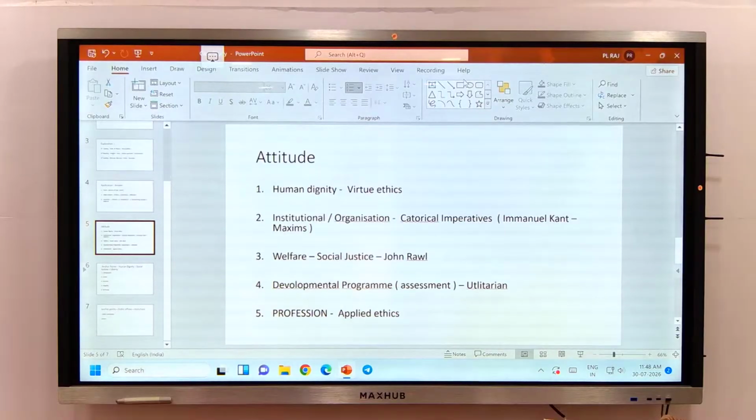Then what are the cons? Sensation. This is the issue of sensation. Then misinformations. Sensations may lead to disruptive relations and loss of the trust.